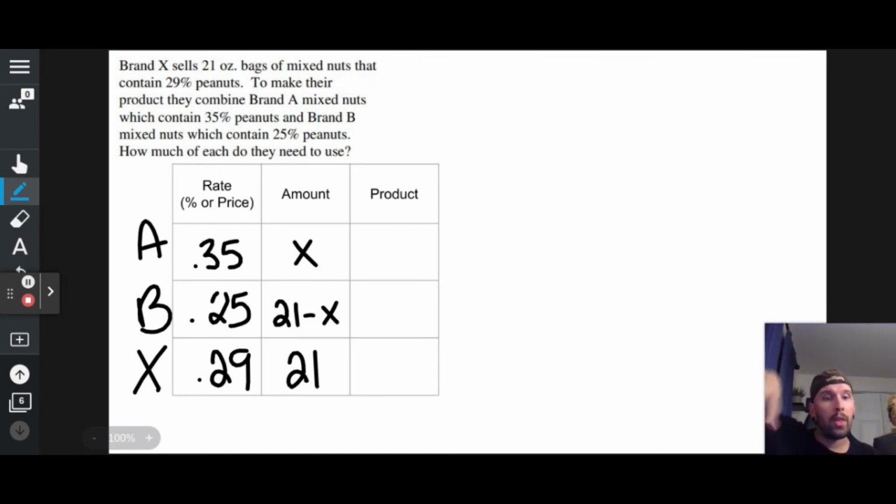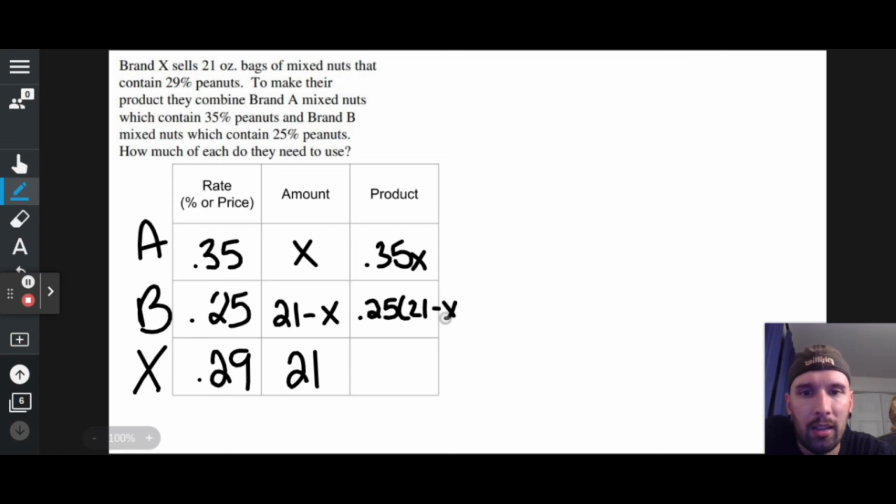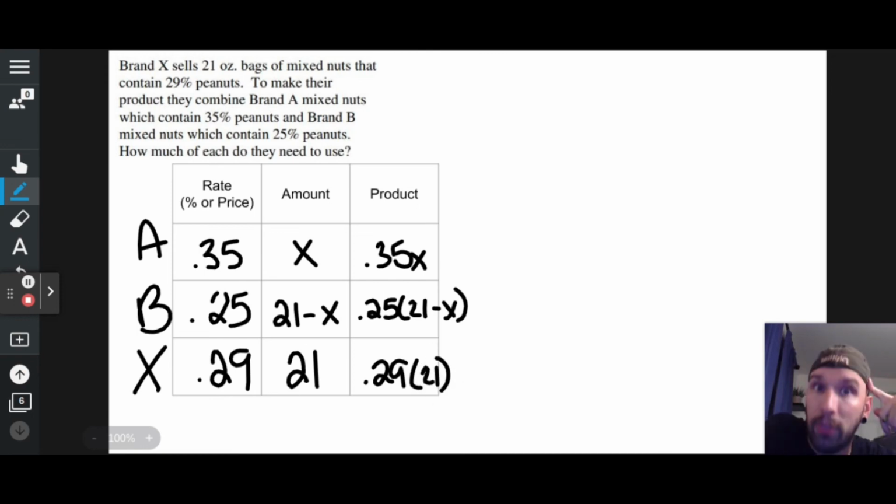But we don't know that this is 10. So we're going to just say X. So 21 minus X, which means your 0.35X, your 0.25 times the quantity 21 minus X, and your 0.29 times 21.